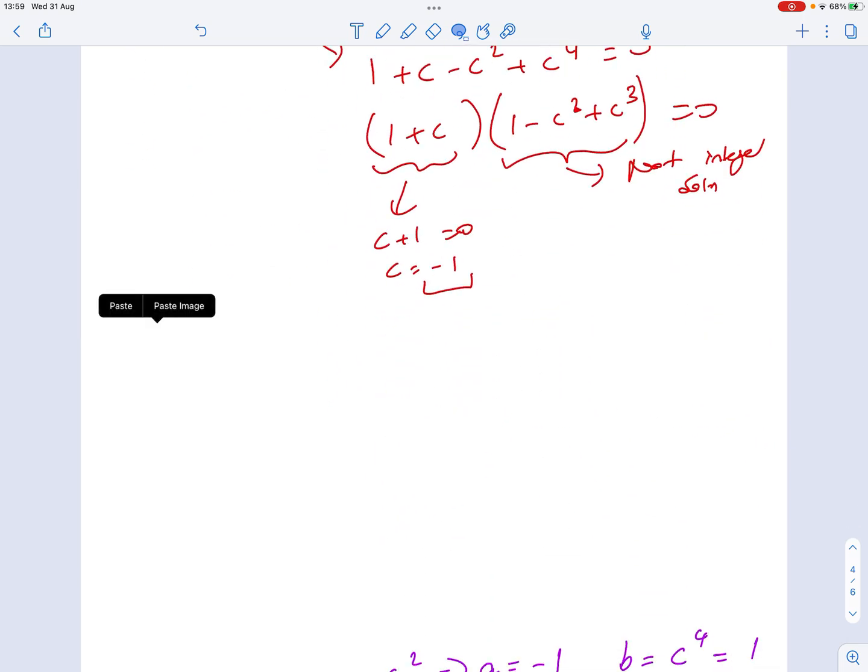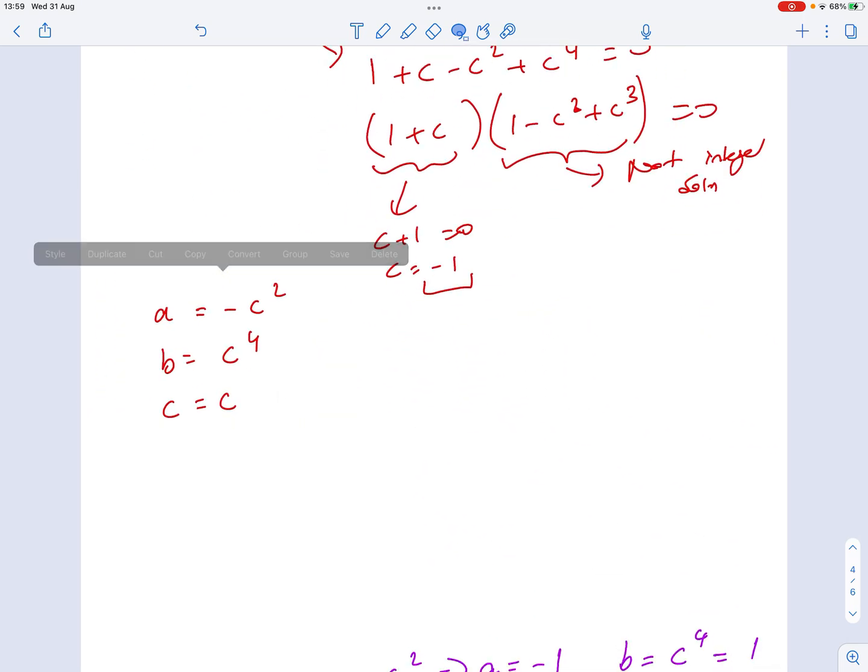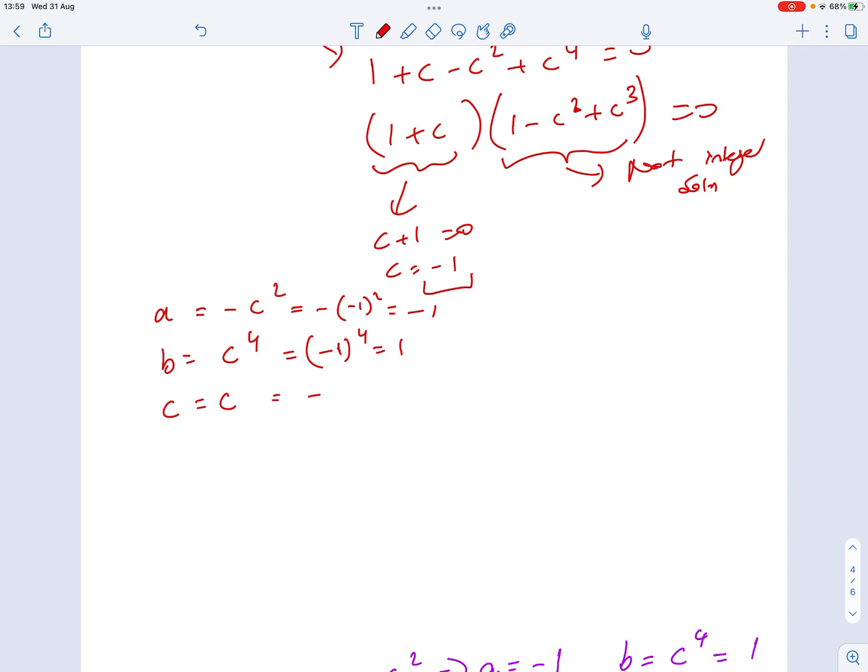Okay, let's bring that here. Okay, so in this case, a is gonna be minus 1 squared, which is minus 1. B is minus 1 to the power of 4, which is 1. C is c, which is minus 1.